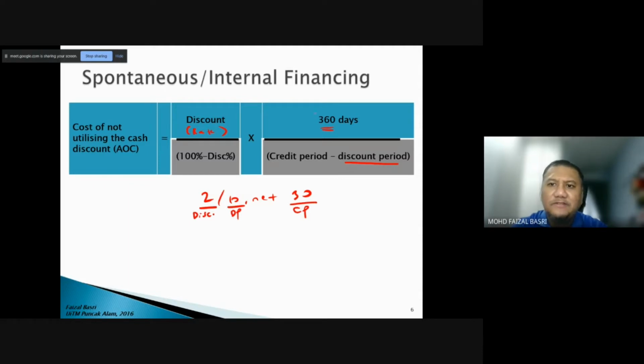So what will the formula tell us? This is actually the cost of not utilizing the cash discount. Meaning if we don't take these discounts, how much will it actually cost us.